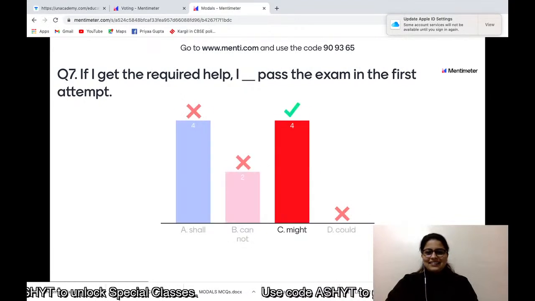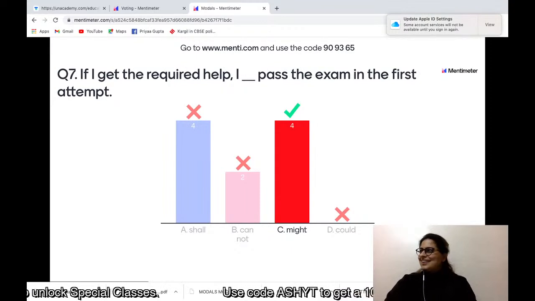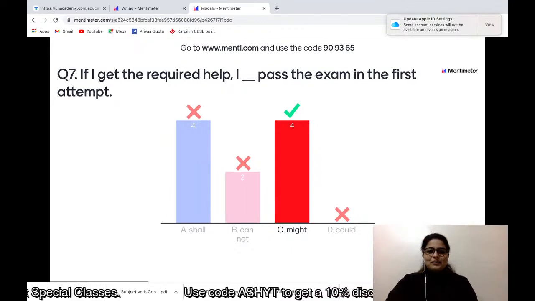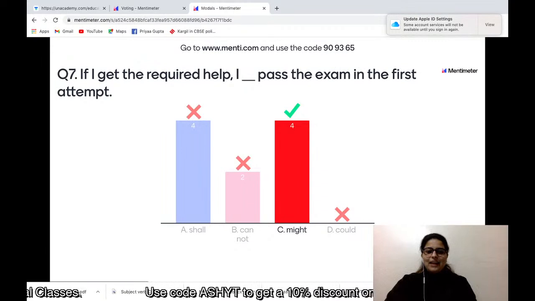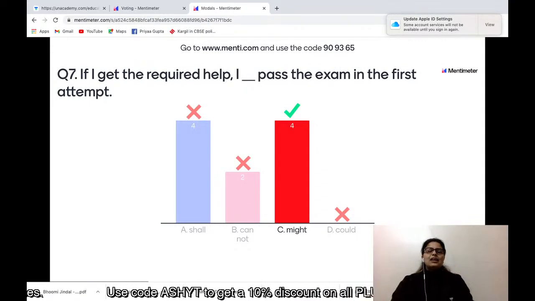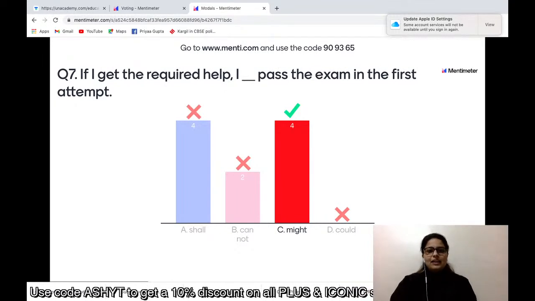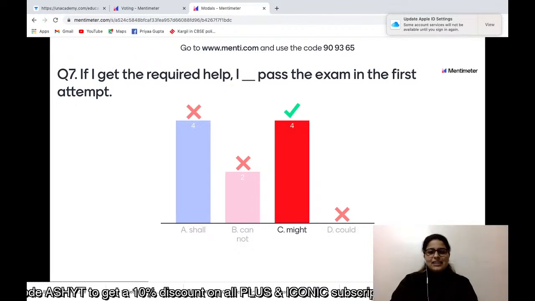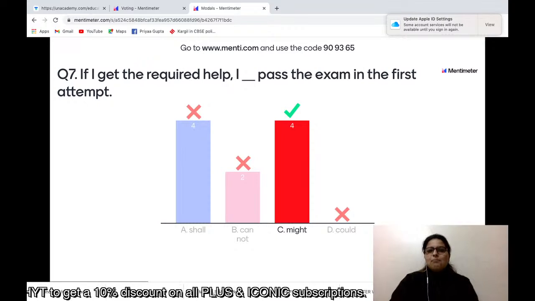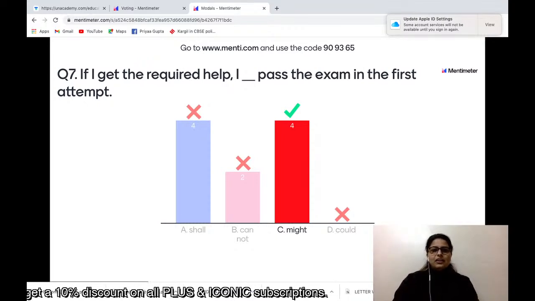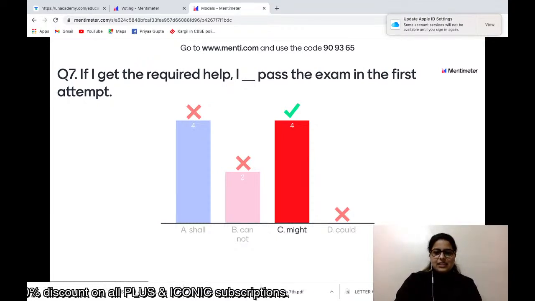Good job to those four who have answered it well. It is might, because here the possibility is less, and you can see if I get the required help, I'll do this, right? So I might pass the exam in the first attempt. Might is the right answer, ladies and gentlemen.